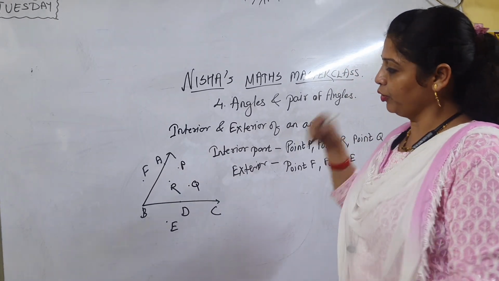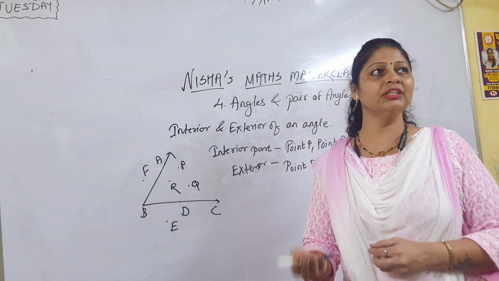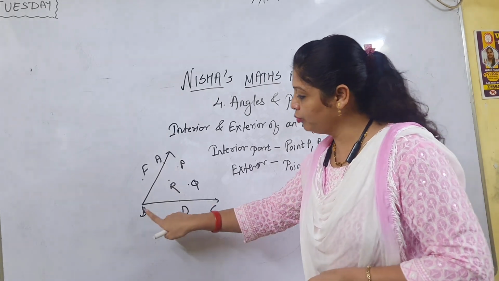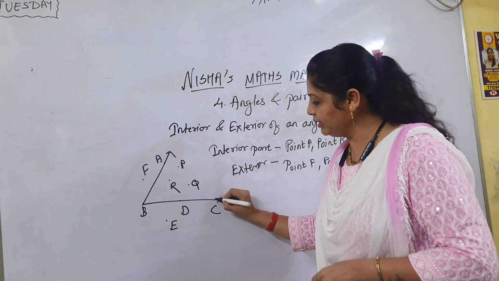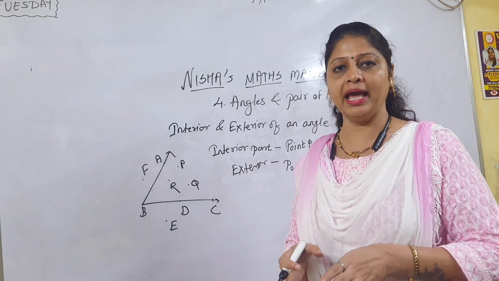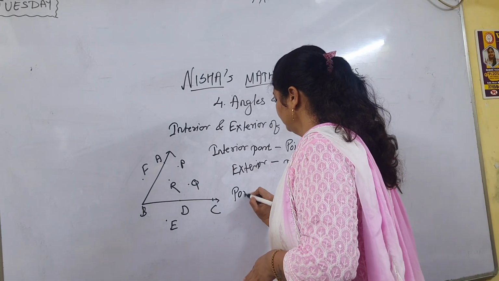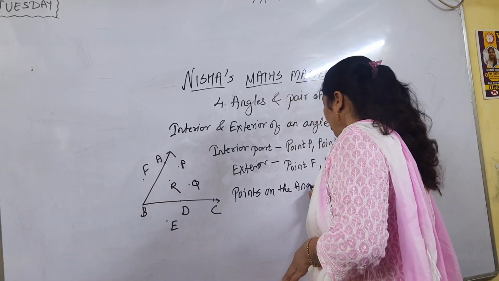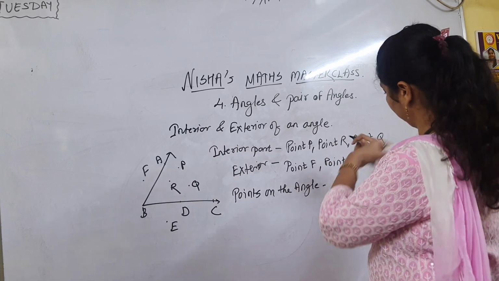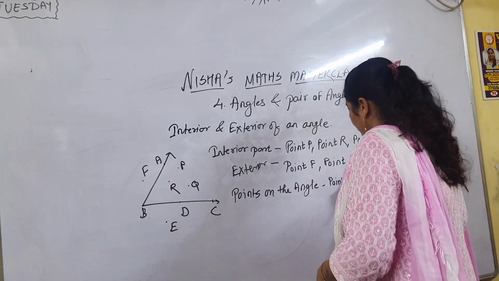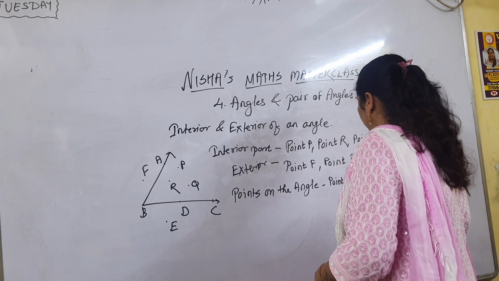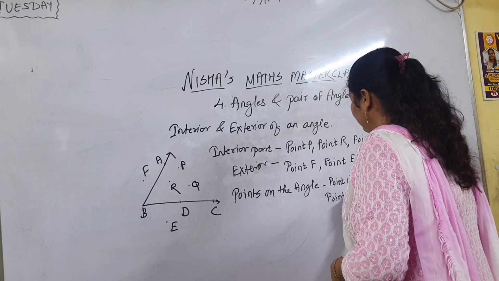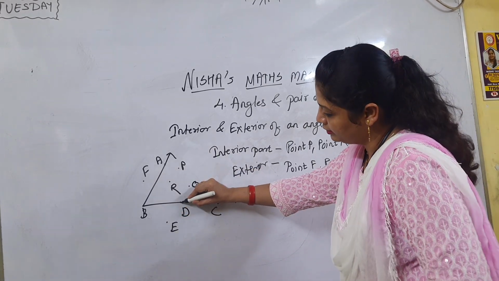Afterward, one more important thing: what are the points on the angle? Point A, point B, point C and point D also. Those are on the angle.